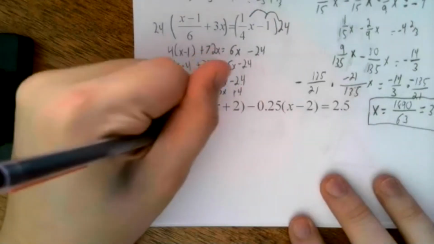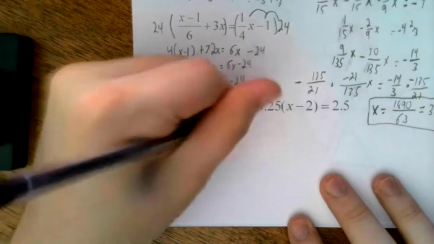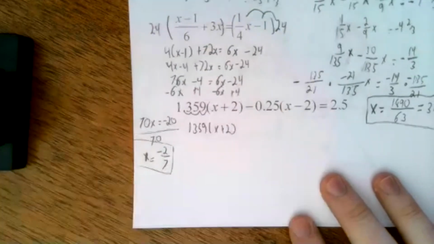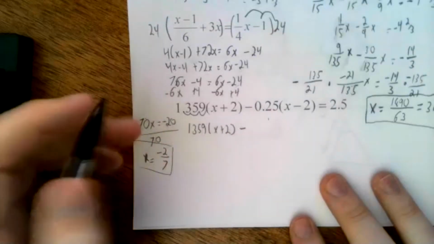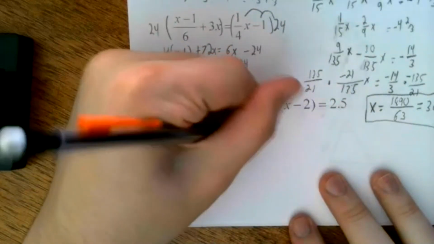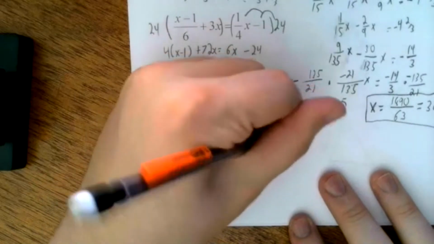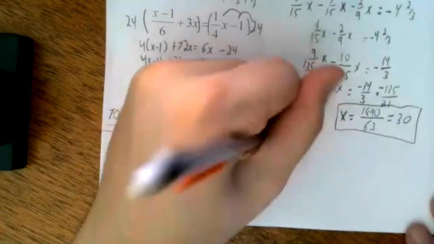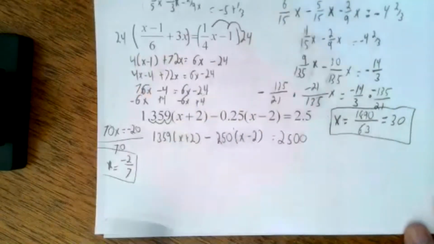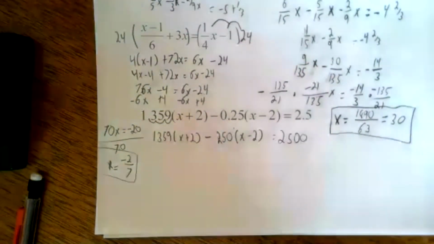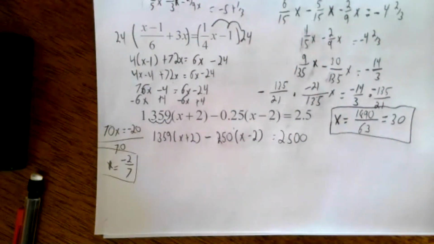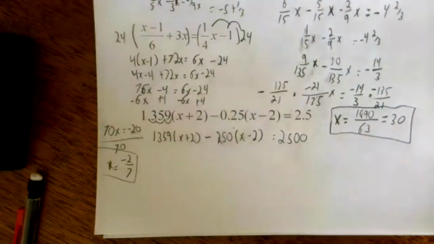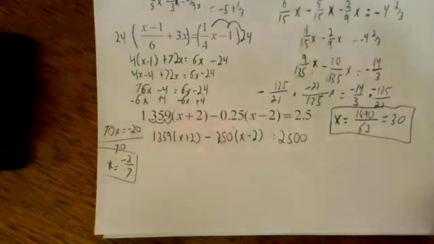So I get 1,359, and it's still multiplied by x plus 2, minus 0.25 multiplied by 1,000 is 250, still x minus 2. And then 2.5 multiplied by 1,000 is 2,500. So all I'm doing is just multiplying both sides by 1,000, so I don't have to deal with decimals anymore. Okay, and then now I can start solving, right?